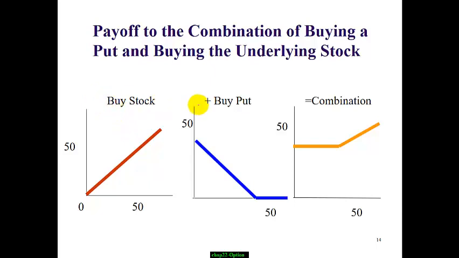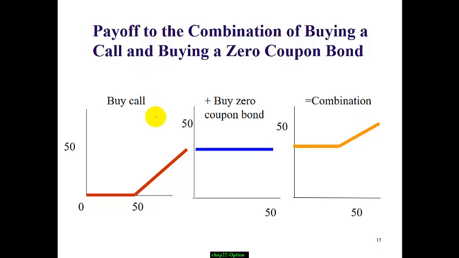So this is strategy 1. You could have a stock and the put option, and you achieve such an interesting payoff. Another way to achieve the same payoff is using a call option plus a zero coupon bond with the face value equal to the strike.